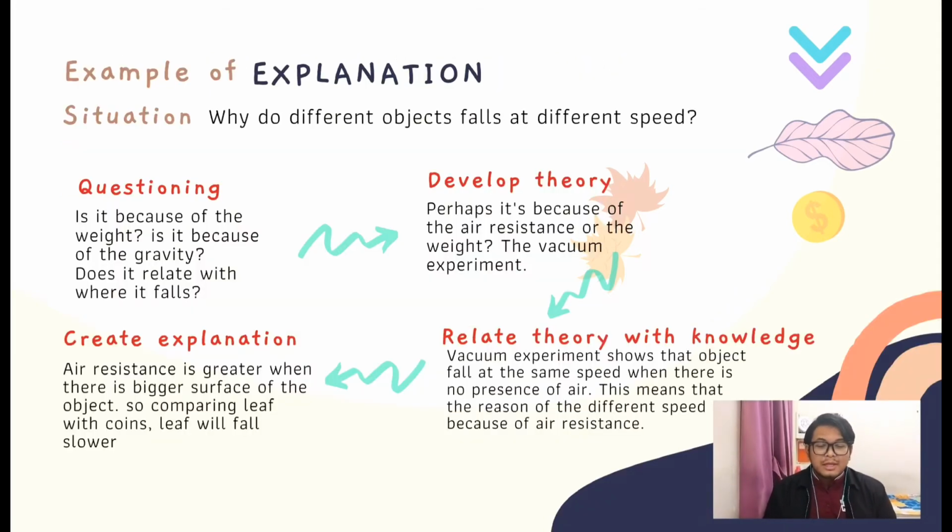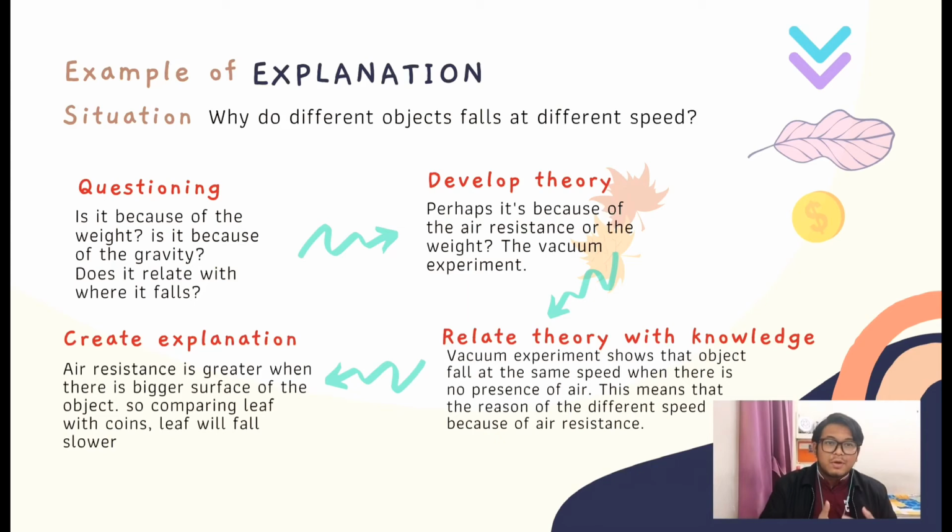So in this part, I put the developed theory. So perhaps it's because of the air resistance or the weight. So we make a theory based on our evidence that we think and based on our questioning. Does the air resistance affect the speed of the object to fall?